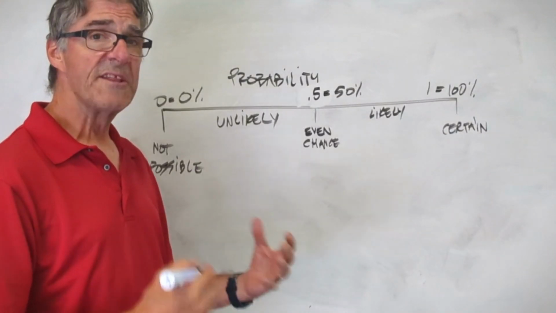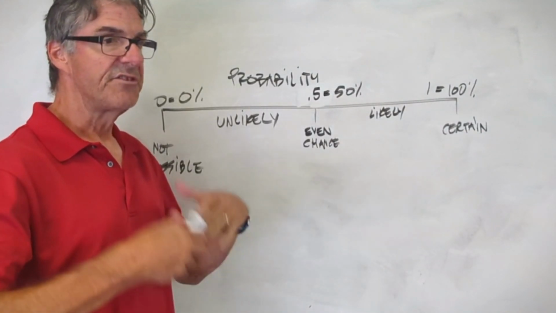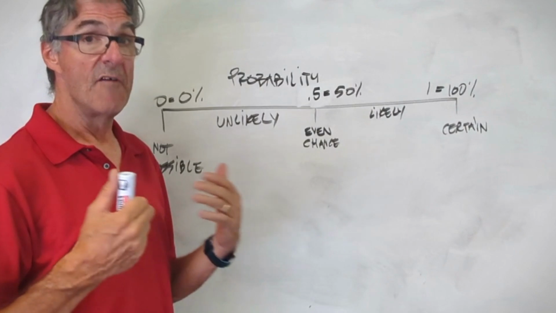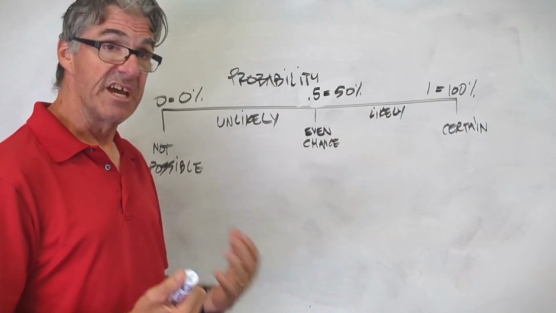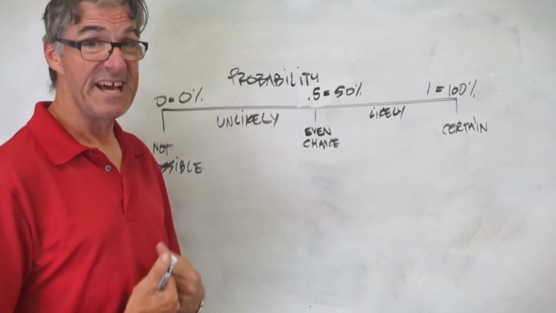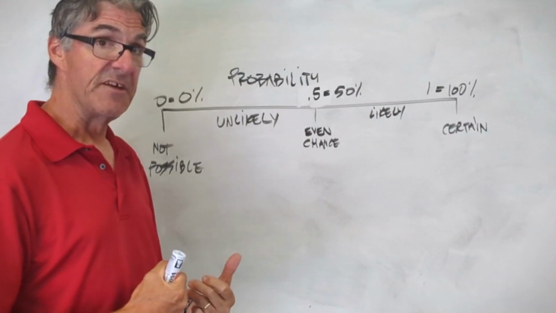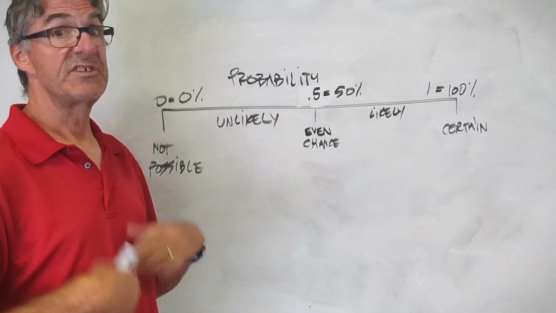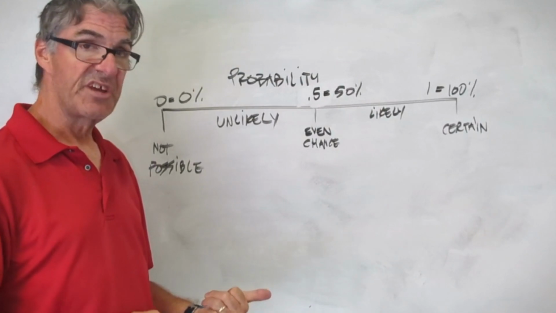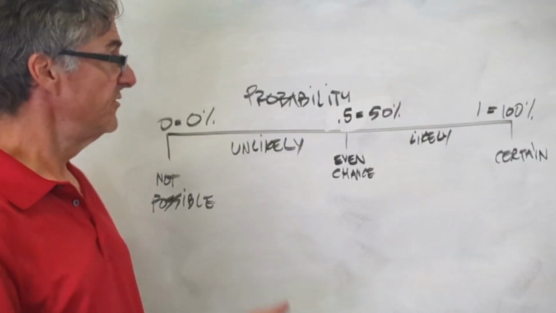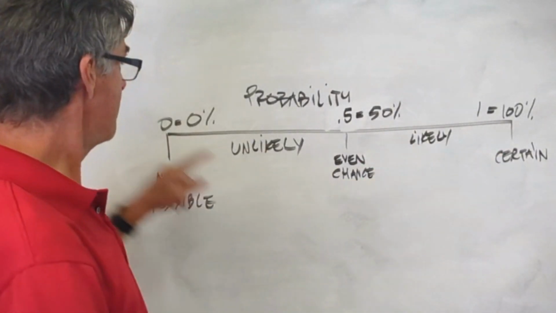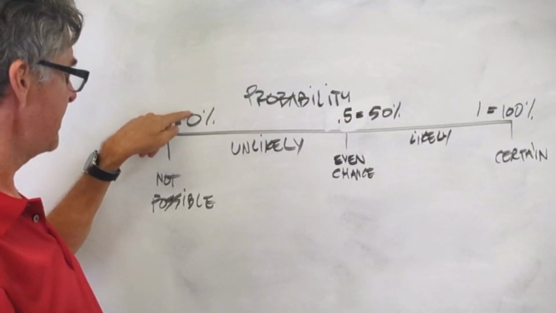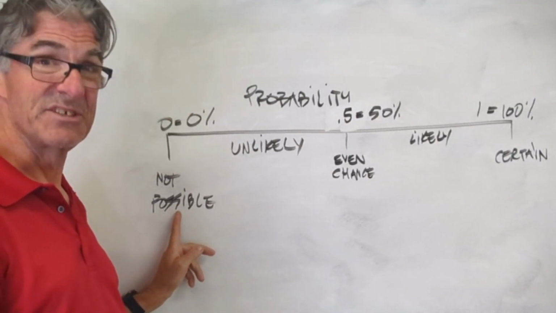All right, one last thing. Let's take a look at the full territory of probability. If we take a look at probability expressed as a decimal, the probability of an event goes from 0 to 1, or as a percentage from 0% to 100%. So let's take a look at this little graph here. A probability of 0 or 0% means the event is not possible.